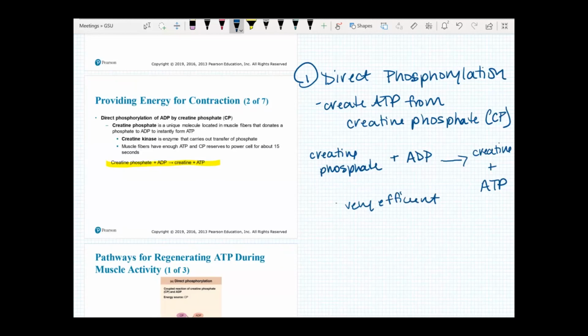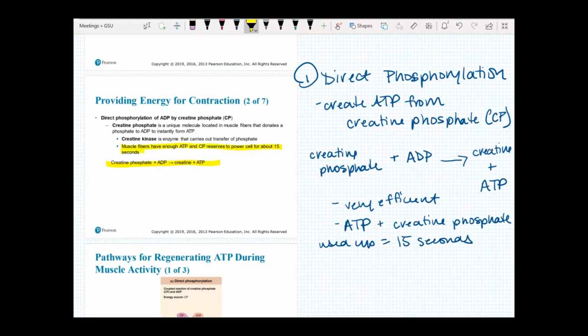However, once we go through and use our ATP that we have immediately, and then we use our creatinine phosphate stores, when all of this is used up, this process will actually take about 15 seconds. All that means is that we have enough stored in our muscles for 15 seconds of energy.